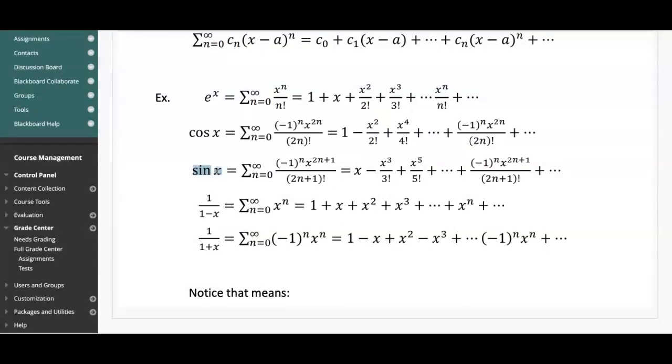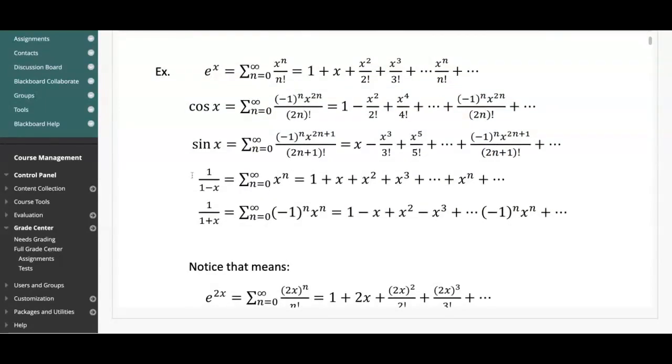Okay, sine x. Sine x, we have something very similar. The nth term is negative 1 to the n. We also have an alternating series. We have x raised to an odd number, 2n plus 1, over (2n plus 1) factorial. Then we have a rational expression, 1 over 1 minus x. This is 1 plus x plus x squared and so on.